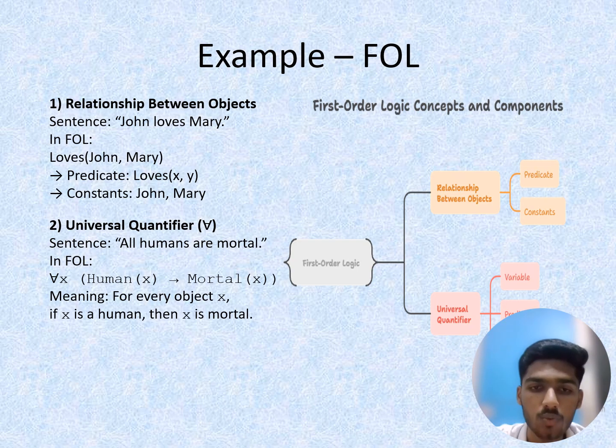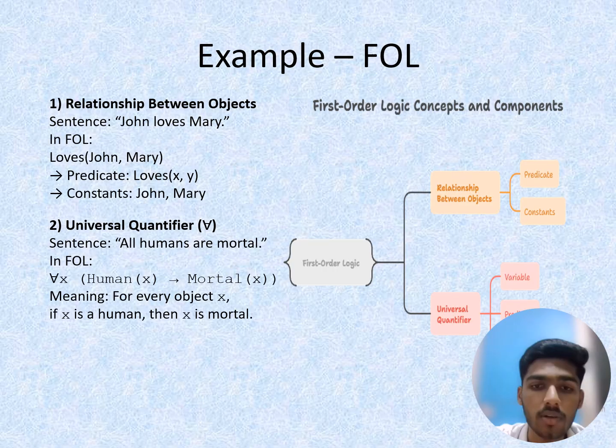Look at sentence 2. All humans are mortal. In FOL, we write for all x, human(x) implies mortal(x). Let's break that down. The for all symbol is the universal quantifier. It means for all or for every.